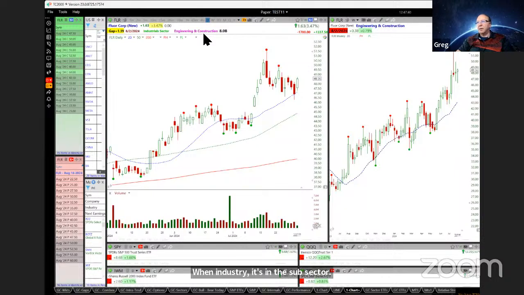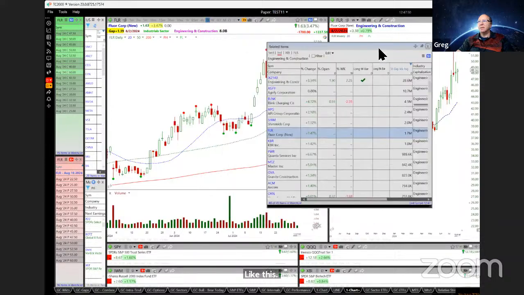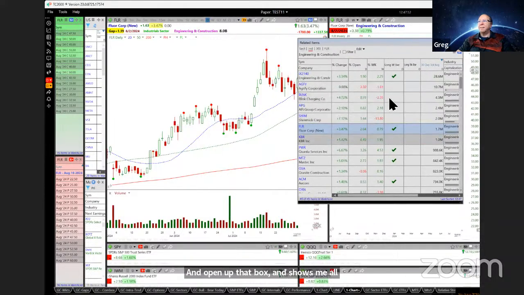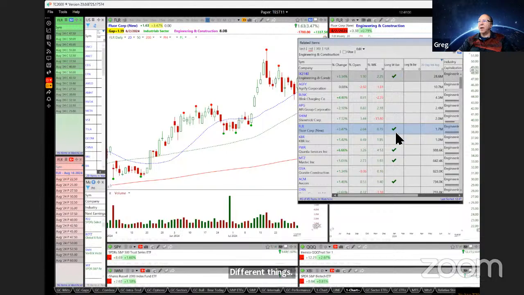Say you like this chart. You can click this and open up that box, and it shows me all the stocks that are in there. And within these columns, I've inserted different things that I might want to see, like does it have a wide range bar?